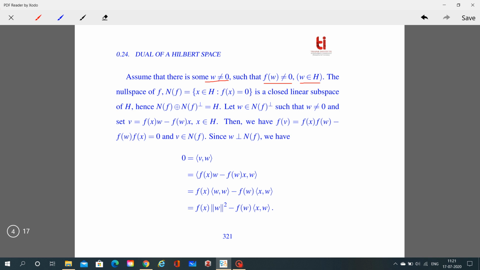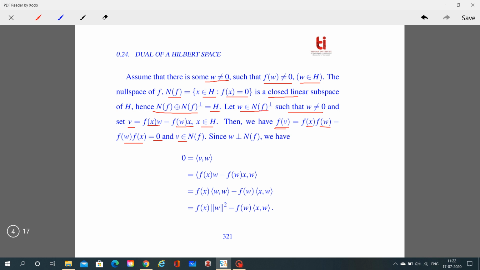The null space of f, that is N(f), which is the collection of all those x belonging to the Hilbert space H such that f(x) = 0, is a closed linear subspace of H. Hence, the direct sum of the null space and its orthogonal complement, the null space perpendicular, is equal to H. So let w belong to N(f) perpendicular such that w is non-zero, and set v = f(x)w − f(w)x, where x belongs to H. Then f(v) = f(x)f(w) − f(w)f(x) = 0.